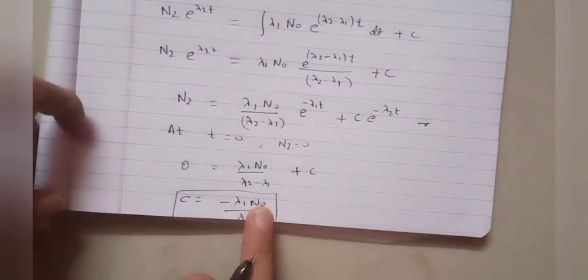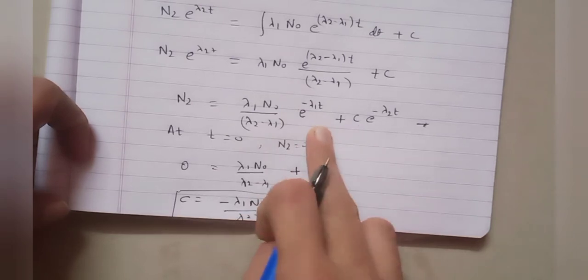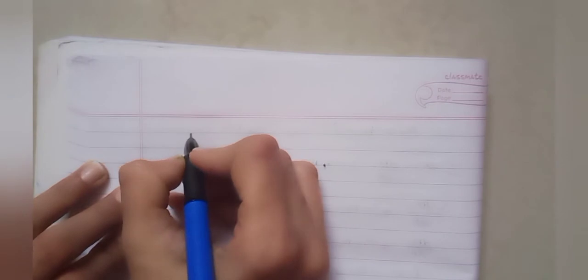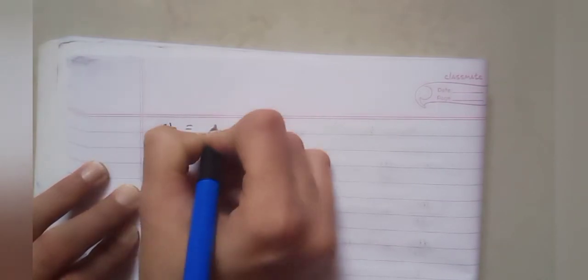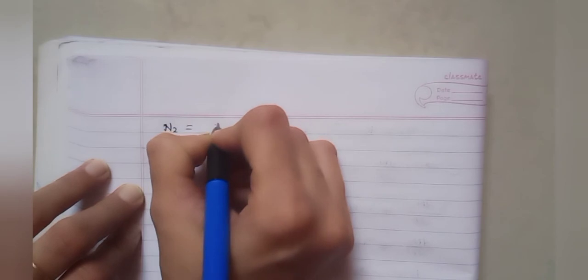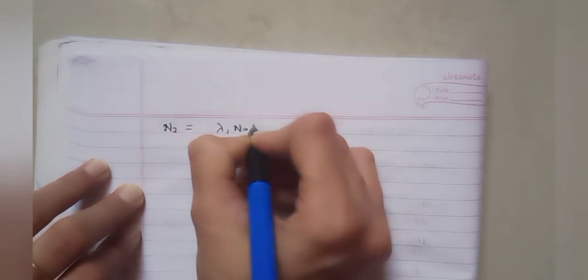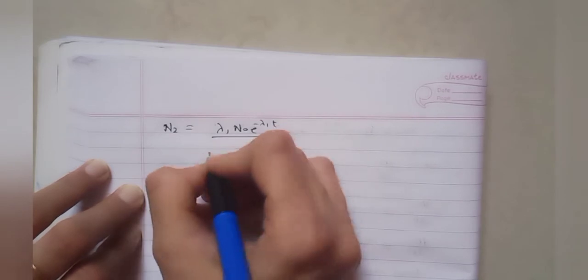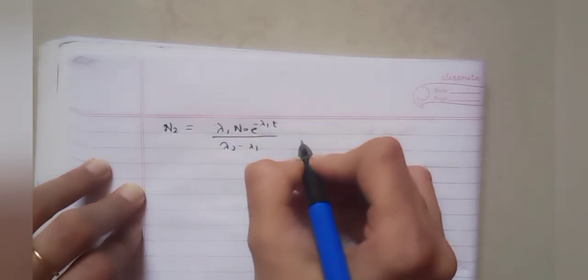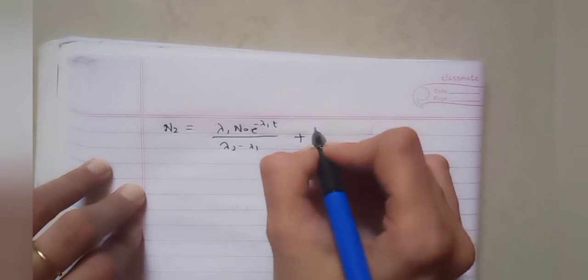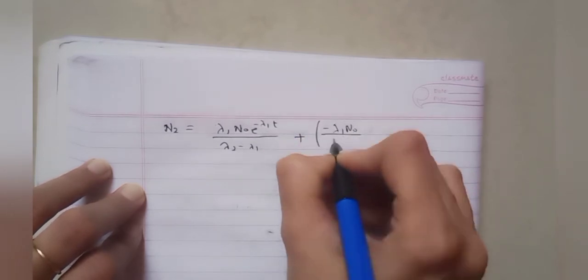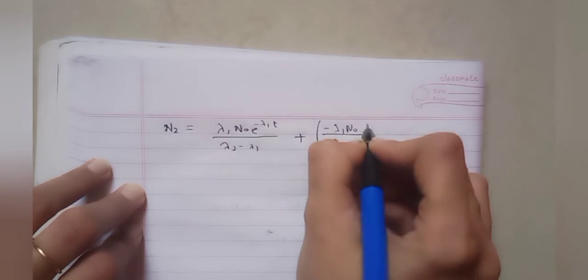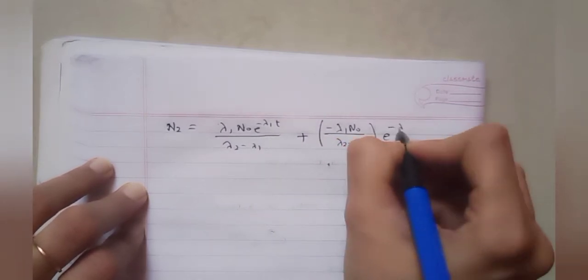Now we will substitute this value of c into this equation and take the common term. So finally we will get n2 equals lambda 1 n0 e raised to minus lambda 1 t upon lambda 2 minus lambda 1, plus c, where the value of c is minus lambda 1 n0 upon lambda 2 minus lambda 1, into e raised to minus lambda 2t.